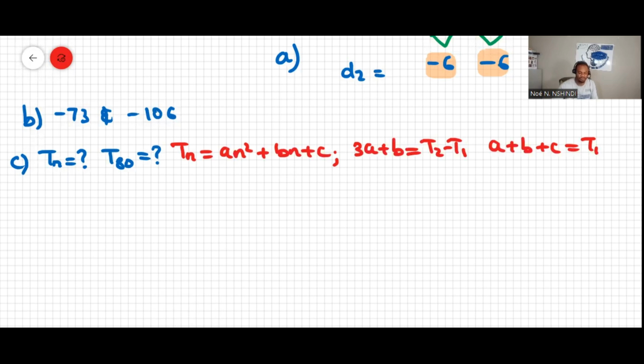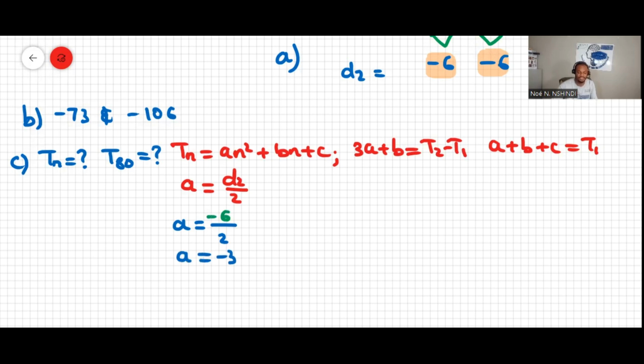We also know that a equals d2 over 2. Then we can calculate a. The second difference is -6, so a will be equal to -3.